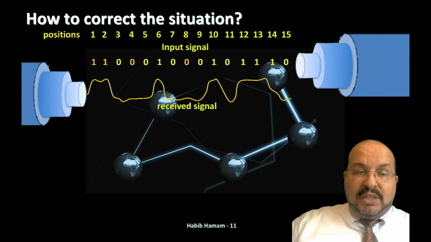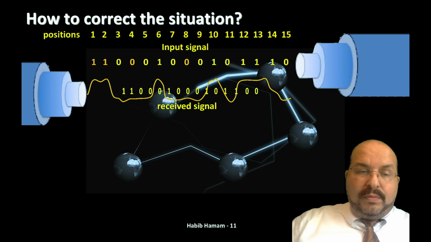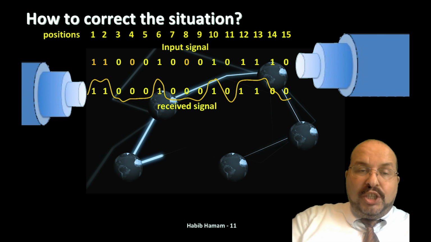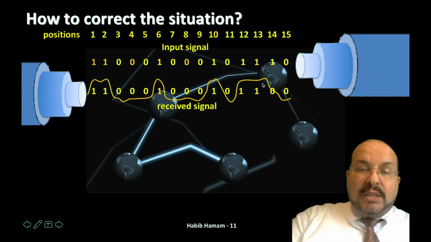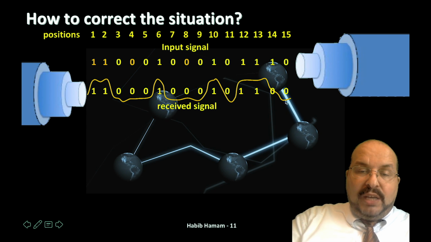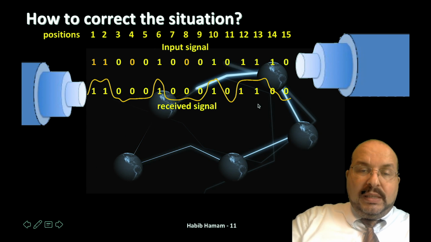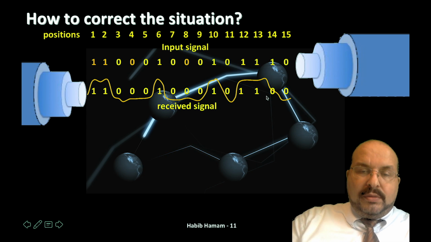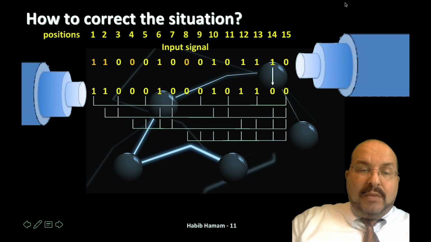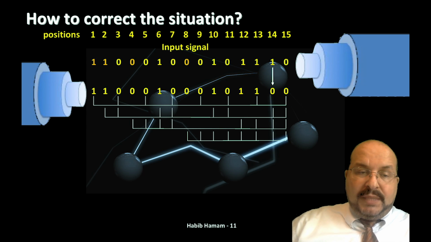That's the received signal. I will perform thresholding, and if I perform thresholding, I will not obtain 1 at this position but 0 because the values here are low. So there is an error here. And now I do the same scheme.